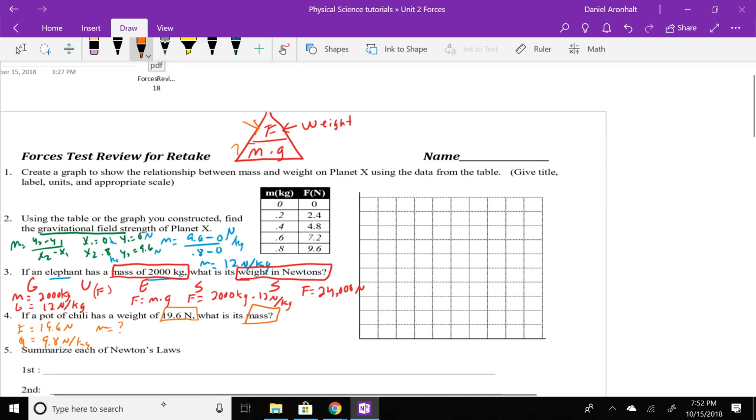M equals question mark. And what's the equation? Well, you cover up the M with your finger, and you're left with M equals F over G. So the equation is M equals F divided by G, and then we substitute. M equals 19.6 newtons divided by 9.8 newtons per kilogram.